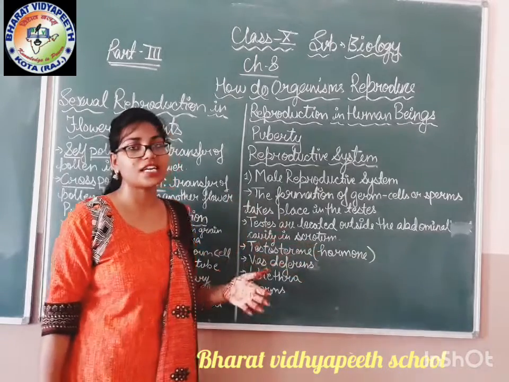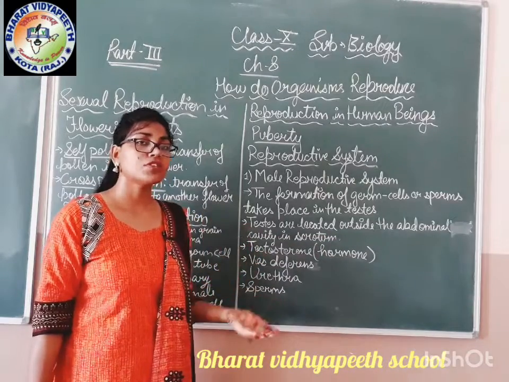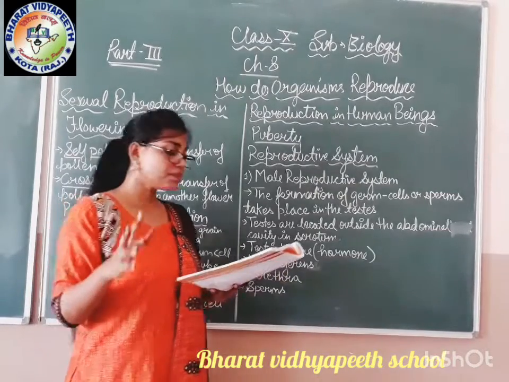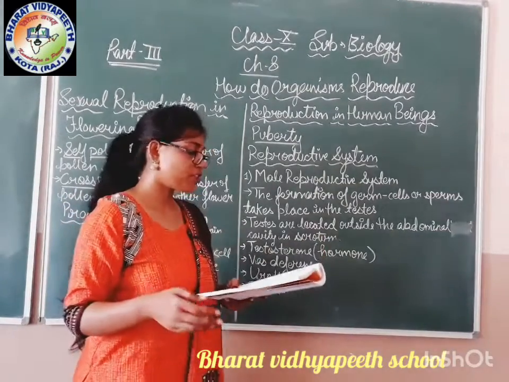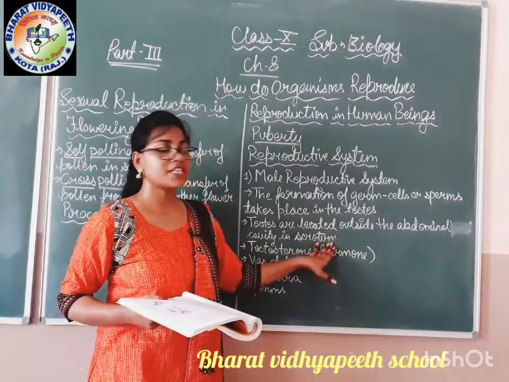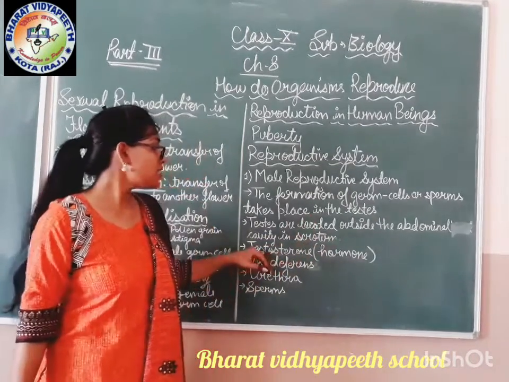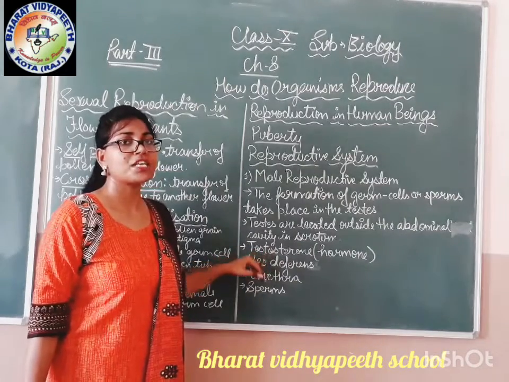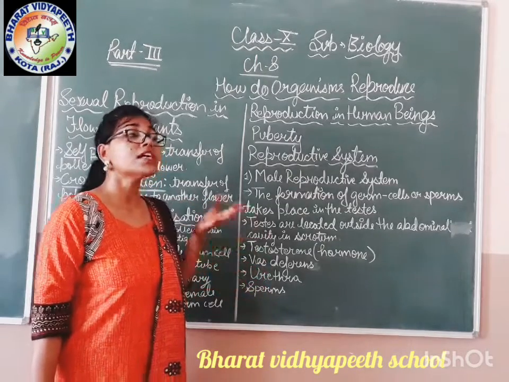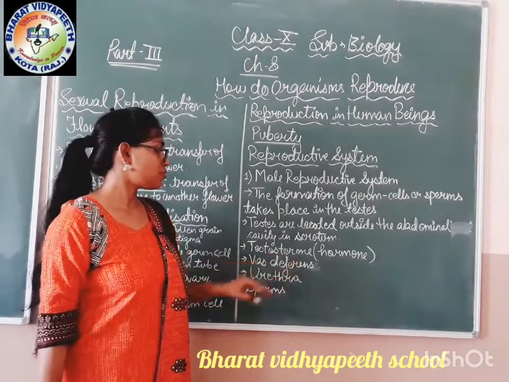The scrotum is located outside the body so that this lower temperature is maintained. Here the sperm is formed, and the main hormone secreted is testosterone. Testosterone is the male hormone, and the male gamete fuses with the female gamete to form the zygote and then the baby.